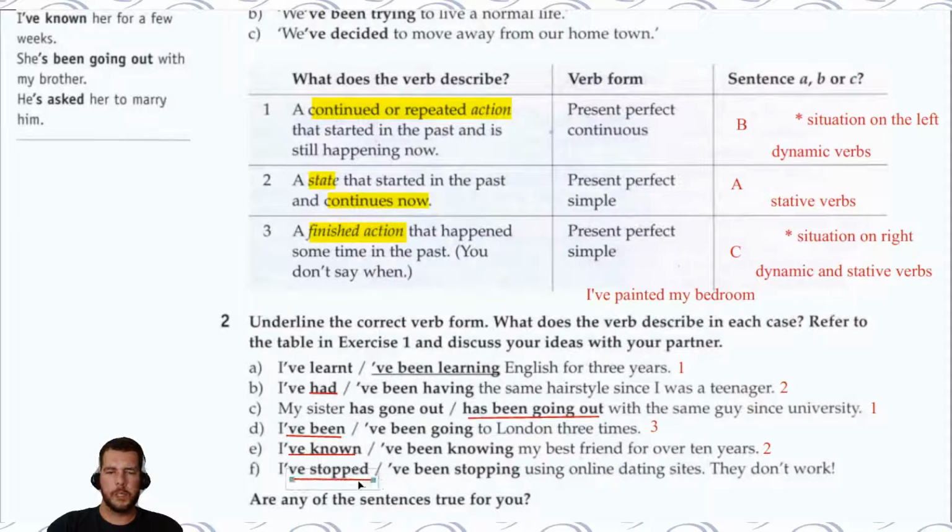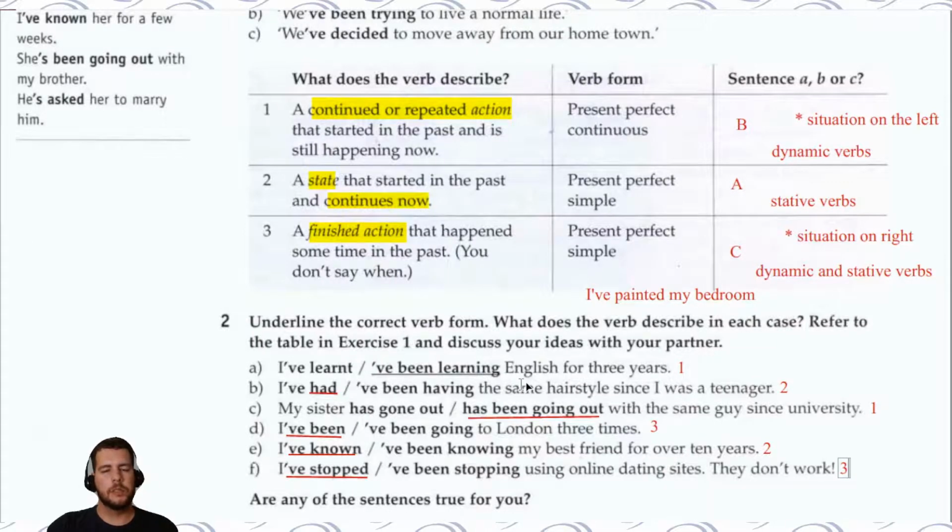They don't work. Well, in this case, it is present perfect simple, and this is a finished action. So, yeah, good. So, are any of the sentences true for you? Please write the ones that are true so that we can talk about them in our class.